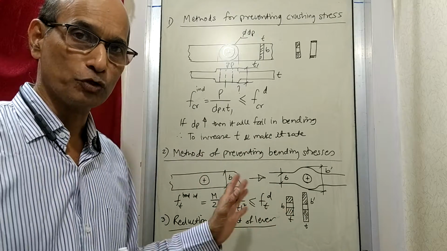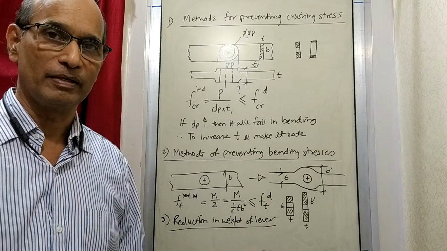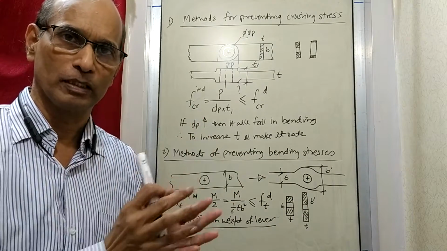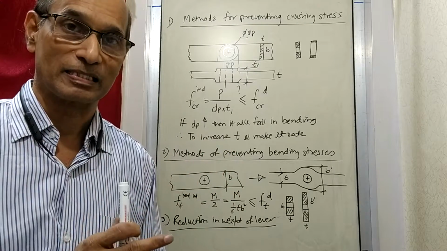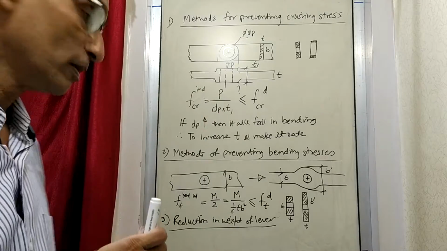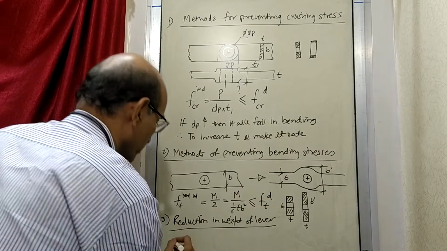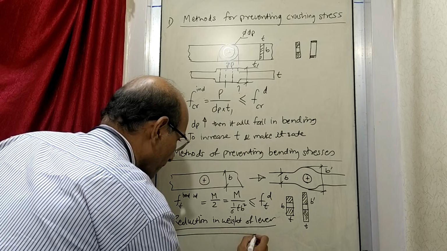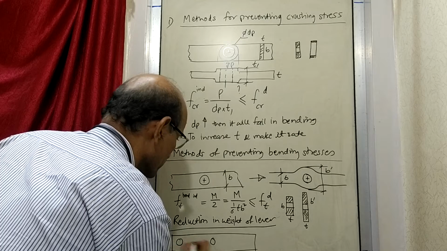Okay, that means the induced stresses, we are not going to allow it to cross the design limit. We want them to be below the design limit, so that everything is safe, but still the weight is less. So how can you reduce the weight and still get the same effect? So one example is, suppose this is the lever. Now this lever you can see is same as what we have designed.